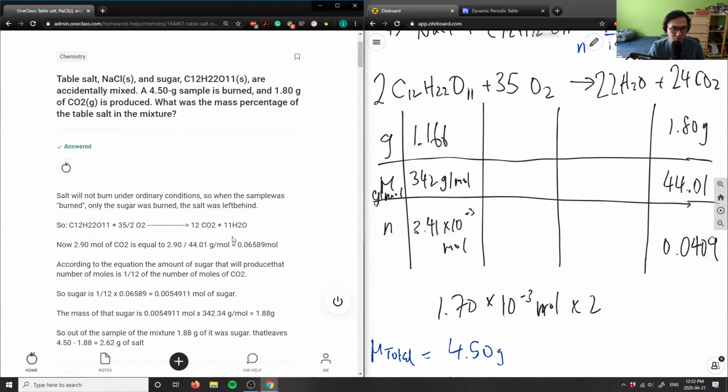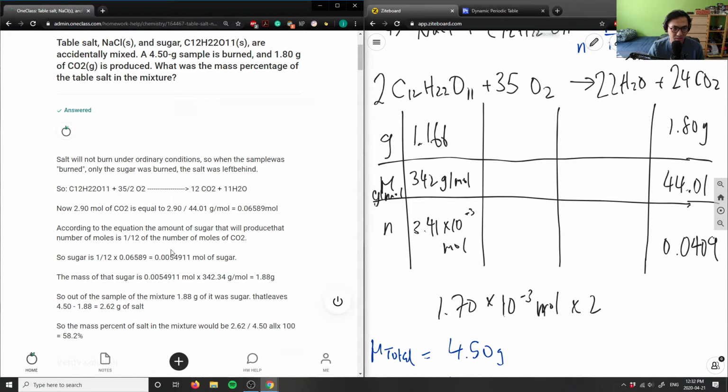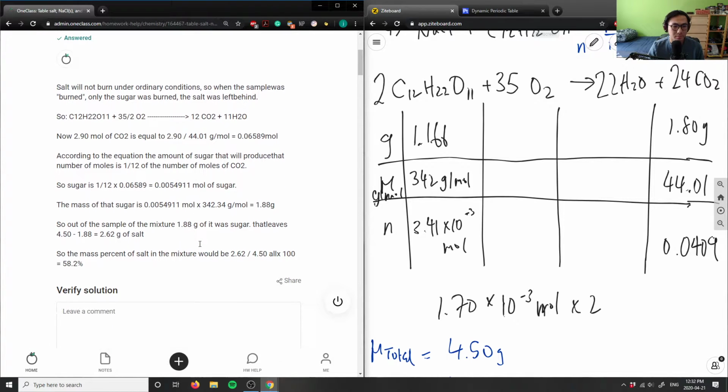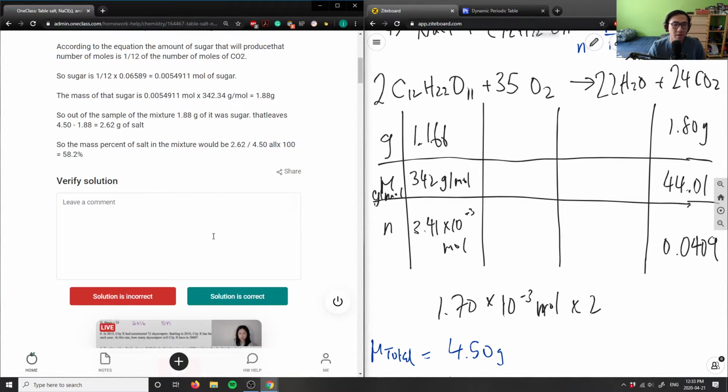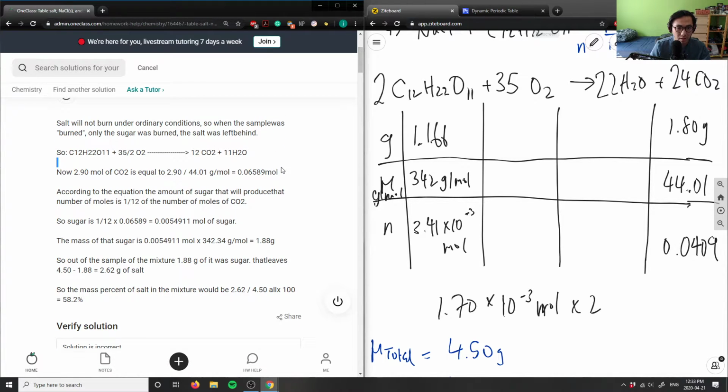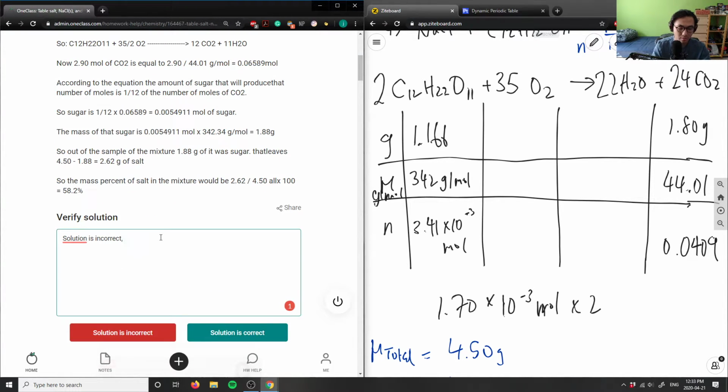According to the equation, the amount of sugar will produce is 1/12. That's fine. So they did this math perfectly, and they multiplied to get grams, subtracted it, and they divided the 2.62 by the total amount, right? So this solution is actually incorrect because of that first problem.